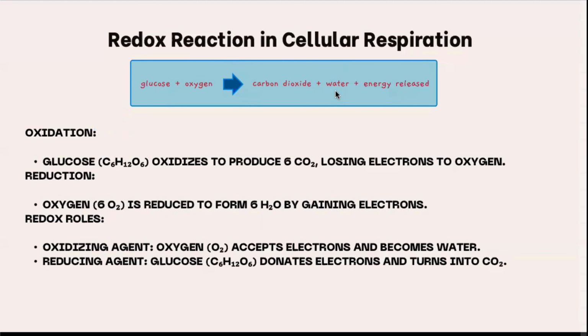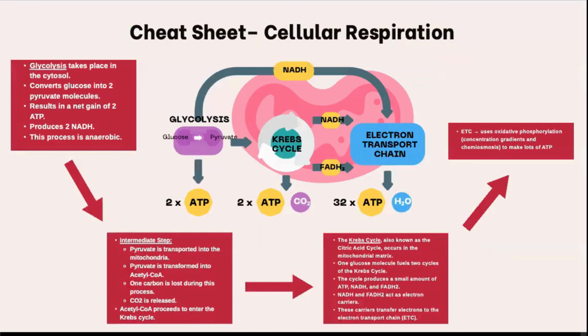So that's where the term oxidation reduction comes in, because we're taking our reactants, oxygen and glucose, and either accepting or donating electrons to become water and CO2. So just be aware of that when you're reviewing cellular respiration and understanding the chemical reaction in general.